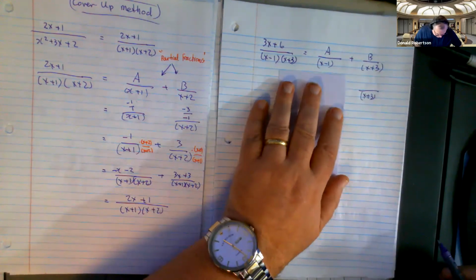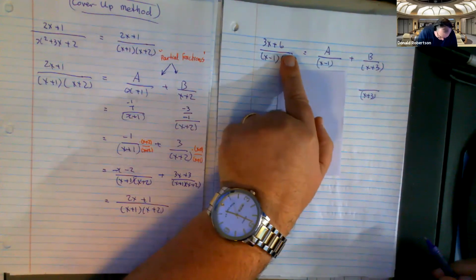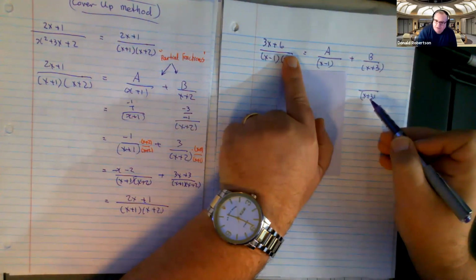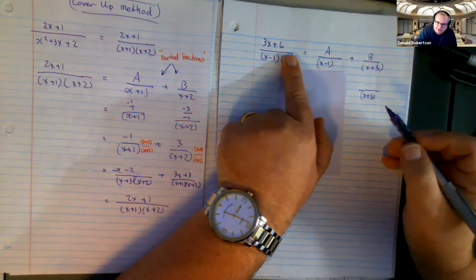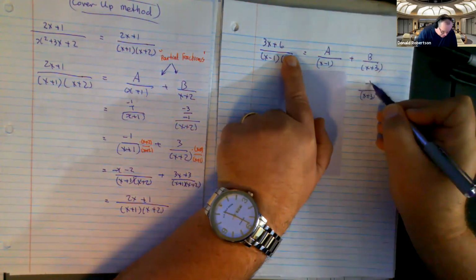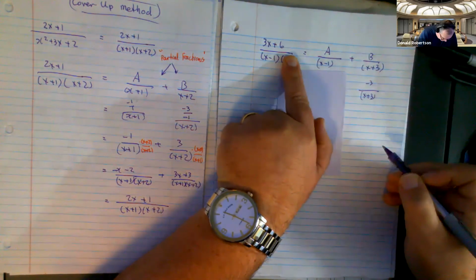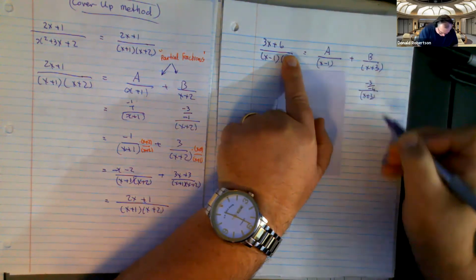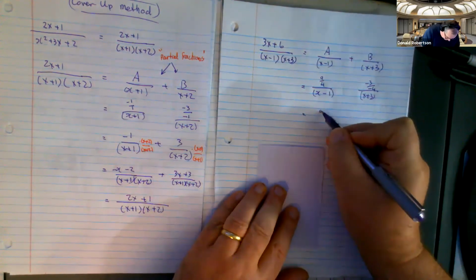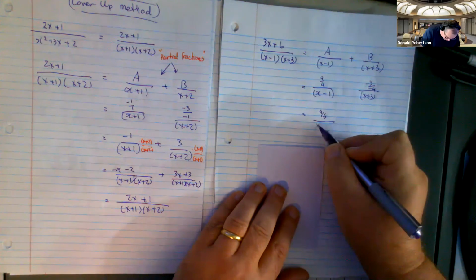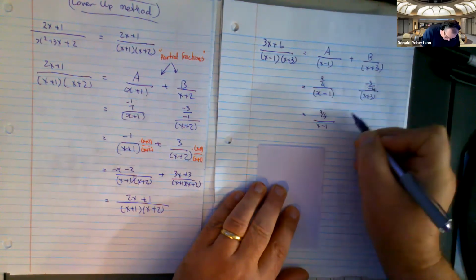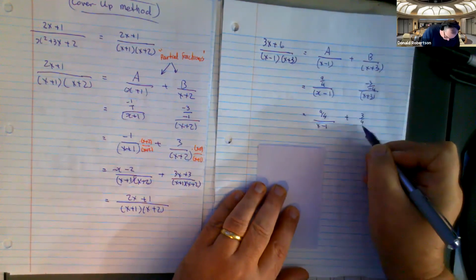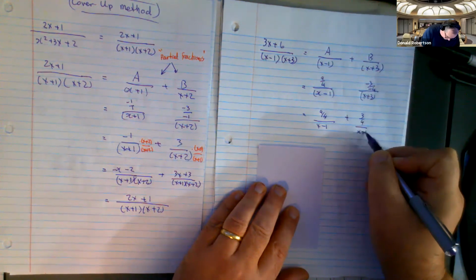Cover it up and put in negative 3 now. In the top, if you put in negative 3, you get negative 3. In the bottom, you get negative 4. So that is going to be 9 quarters over x minus 1, that's a positive, plus 3 quarters over x add 3.